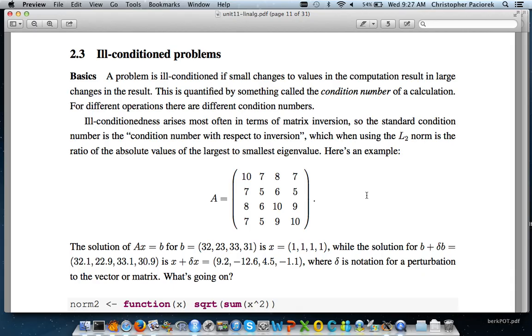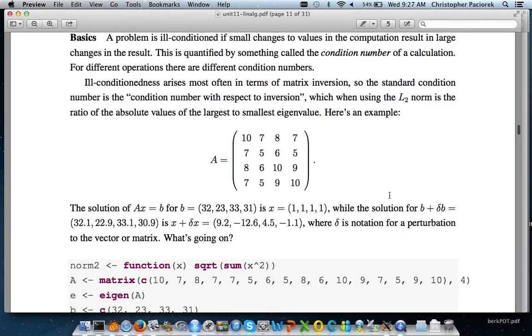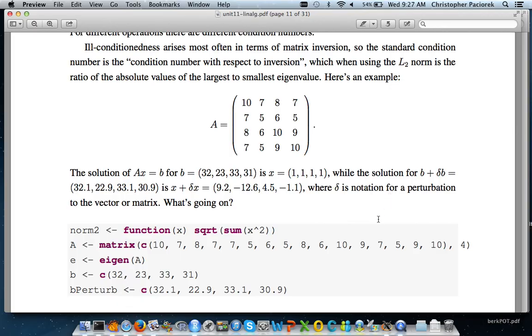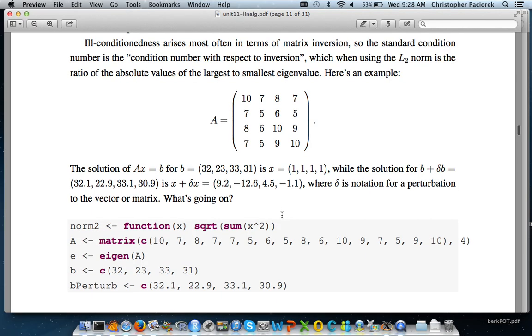It turns out the condition number in terms of the L2 norm is the ratio of the absolute values of the largest to smallest eigenvalues of this matrix A. And as that ratio gets larger, the accuracy with which we can do the calculation degrades drastically. We're going to see that here.